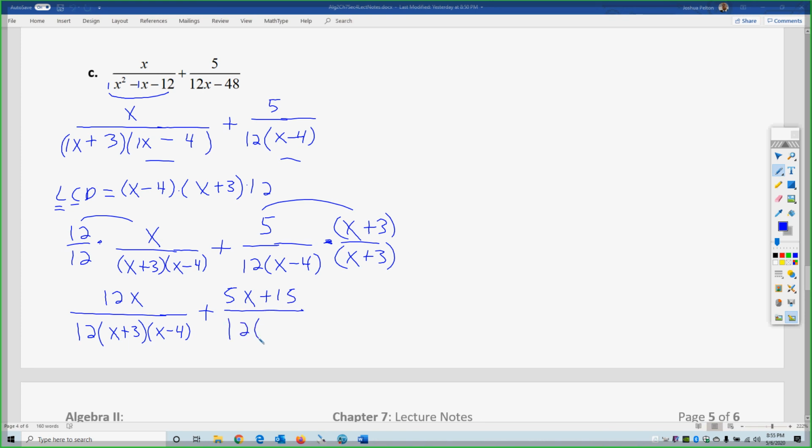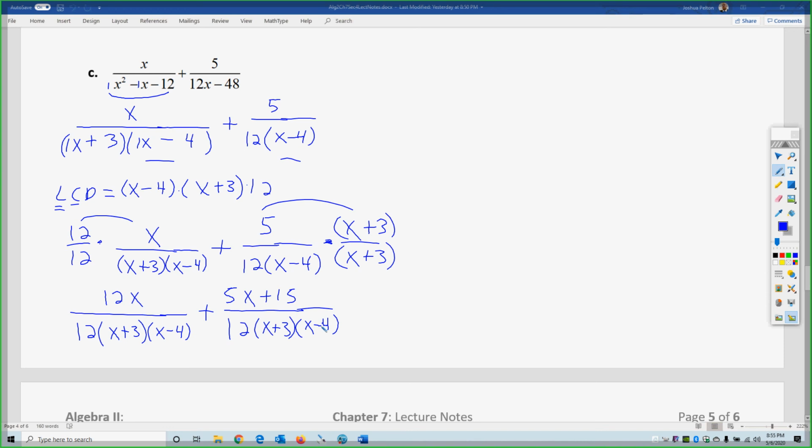I'm going to rearrange the order just so they look the same. It's a good habit to get into, just rearranging so they look in the same order. Now I can add the numerators since they have common denominators.